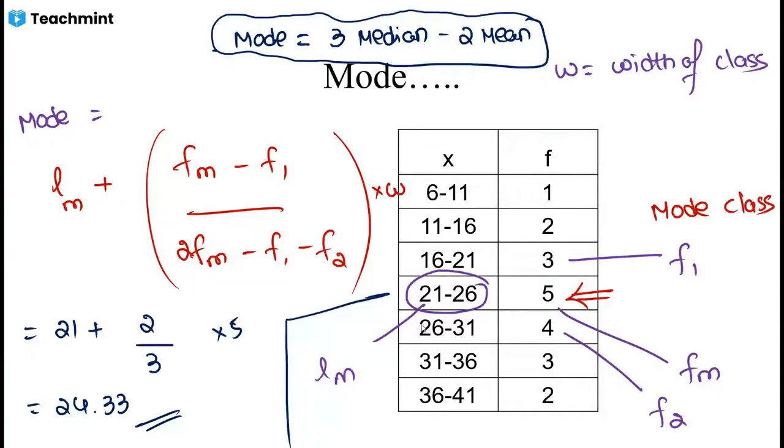So my dear friends, mode, hope you got this idea. Right. Mode is easy in fact. The only struggle when you're calculating median or mode is that formula. How you remember this formula plays a role. In the denominator, in fact, you can put this easily: Fm minus F1, Fm minus F2. If you want to remember this easily, the denominator is Fm minus F1, this difference, Fm minus F2, like that.